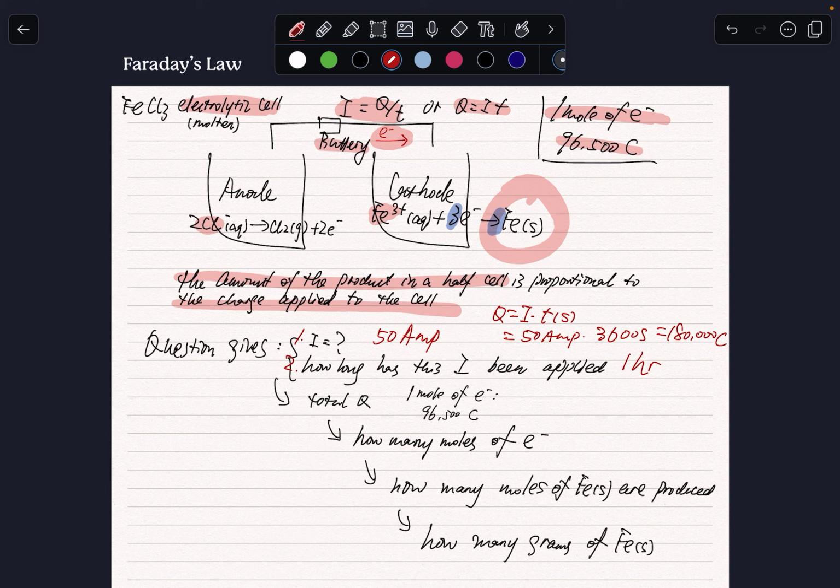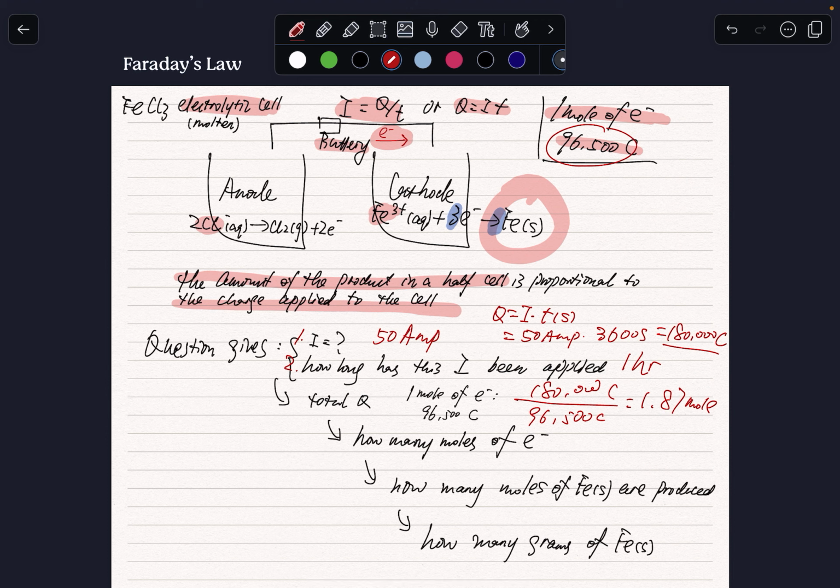And then we know that 1 mole of electrons is 96,500 coulombs, right? But I applied 180,000 coulombs. So I can figure out 180,000 divided by 96,500 coulombs. That gives me about 1.87 moles of electrons, okay?